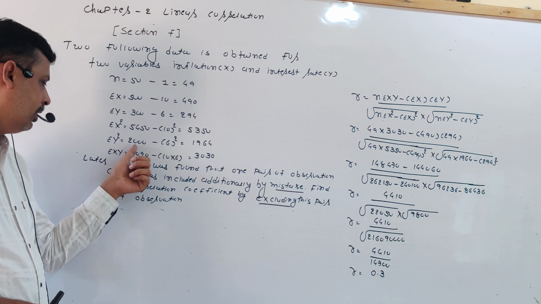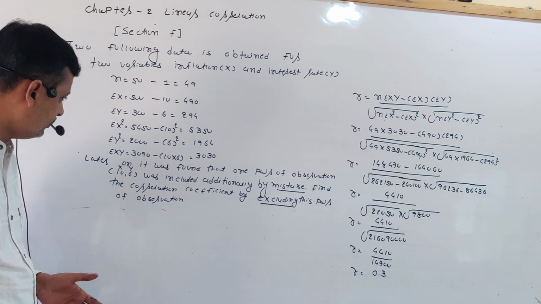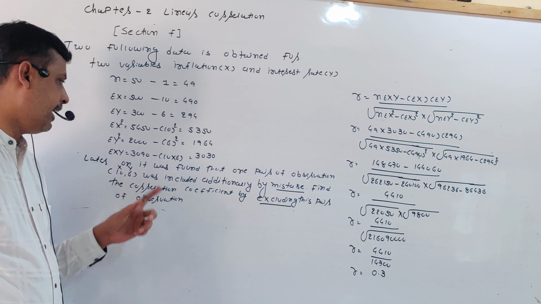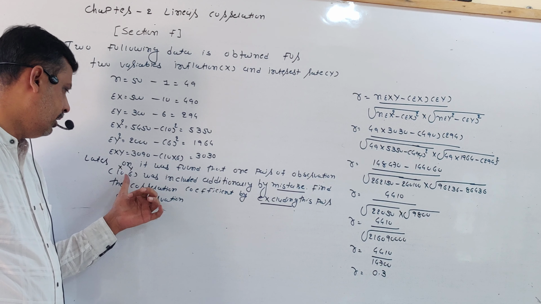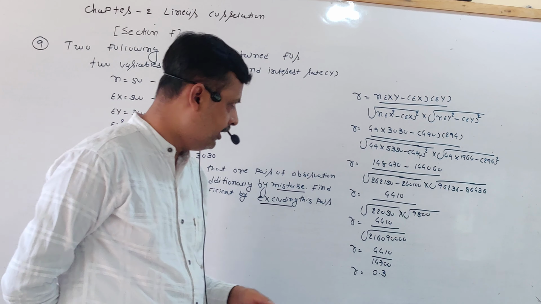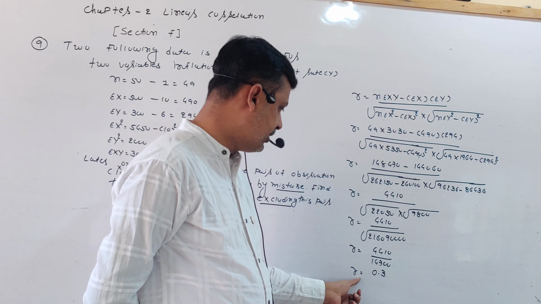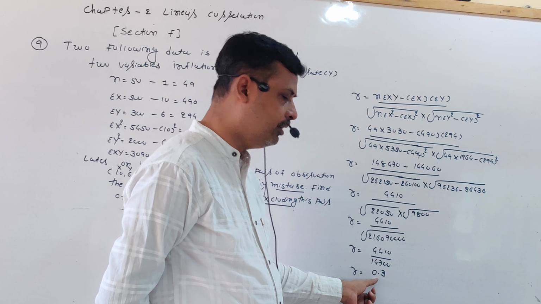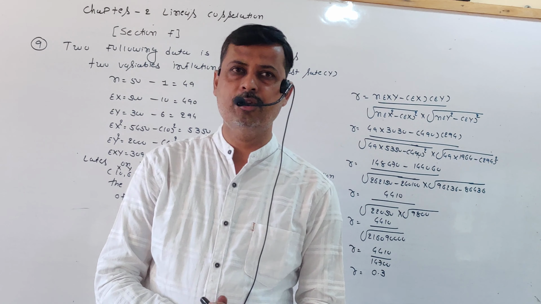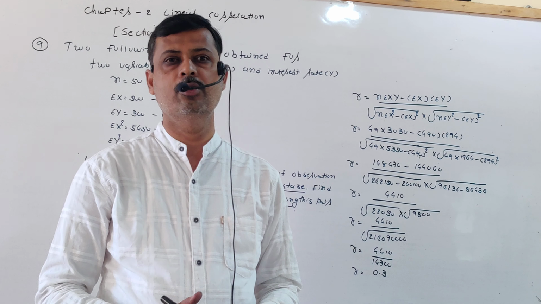Sigma y square is 2000 minus 6 square 36, 1964. Sigma xy is 3090 minus x into y, 10 into 6 is 60, so 3030. Then we apply the formula. So the answer is 0.3, the correlation coefficient between the two variables.